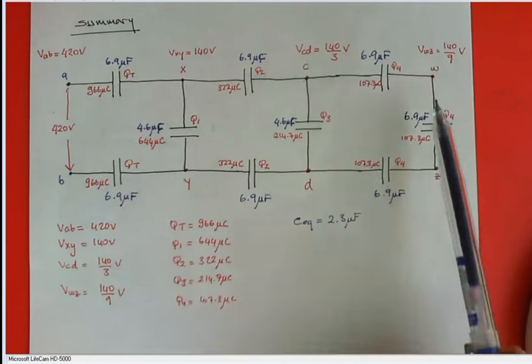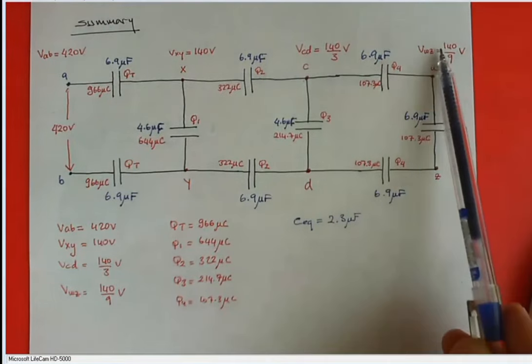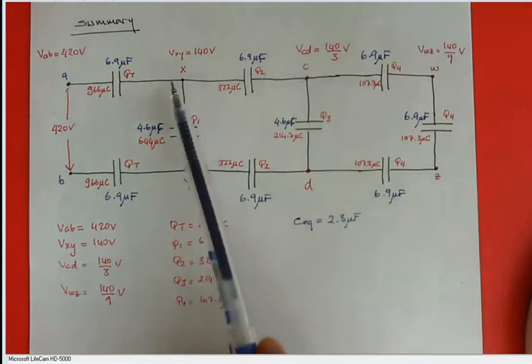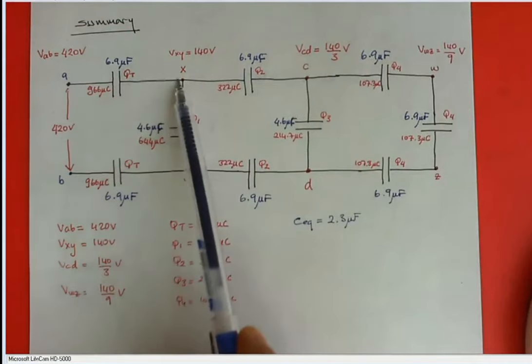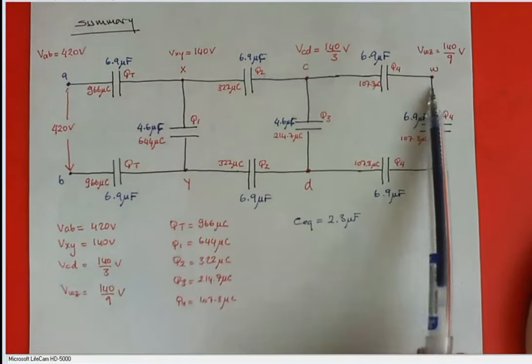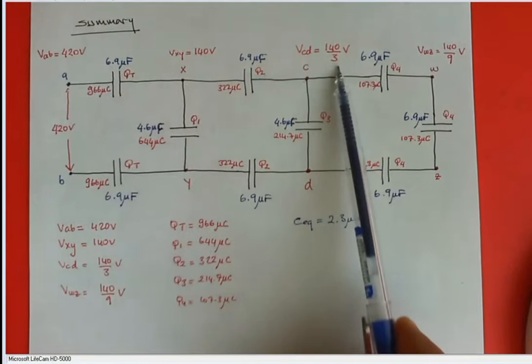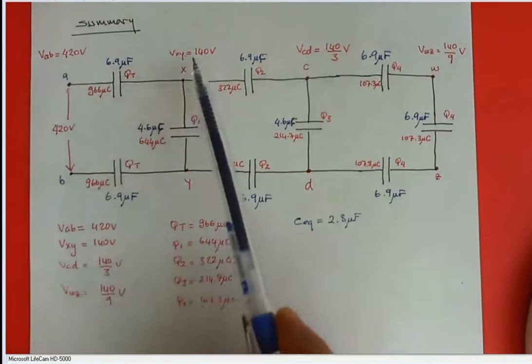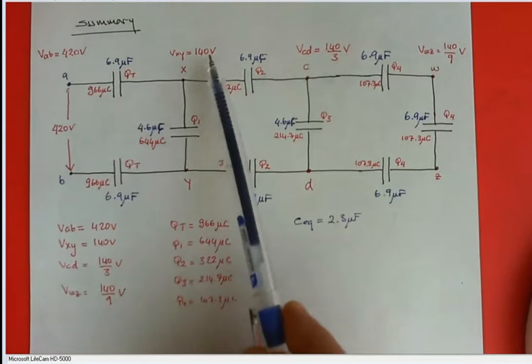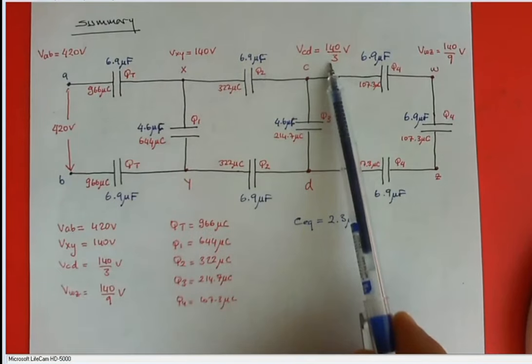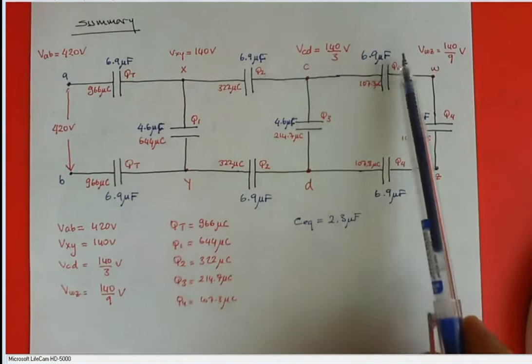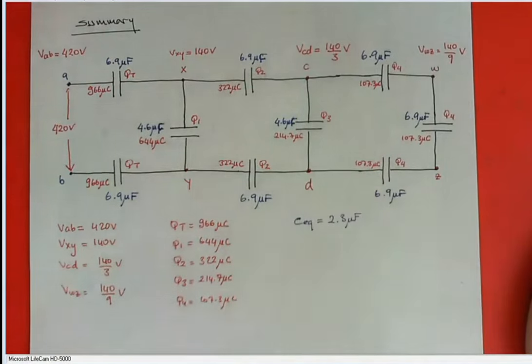And the potential between these two points is 140 divided by 9. What you see is 1/3 of it always. So it is 420 divided by 3, that is 140, 140 divided by 3, and then this divided by 3 is 140 divided by 9.